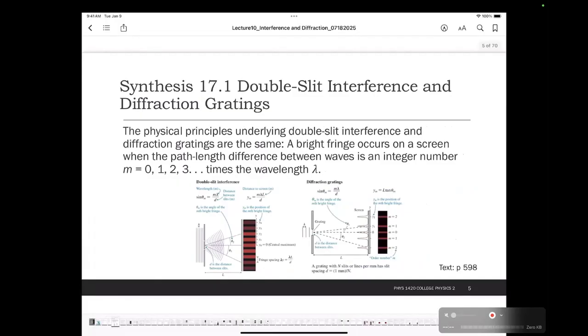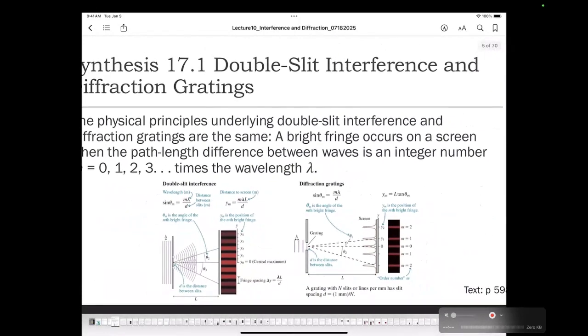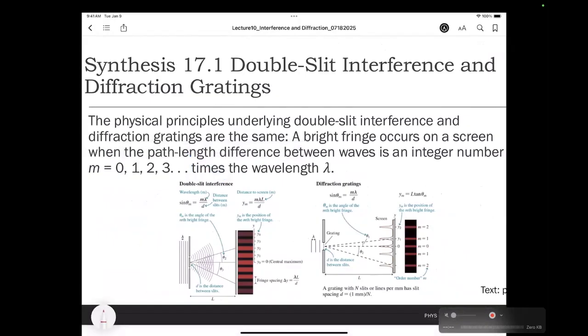Last class, we talked about what is light. After that, we talked about double slit interference and diffraction gratings. If you review the videos from last week, you will see that in double slit interference there is a very small distance, and then we use this equation to calculate.